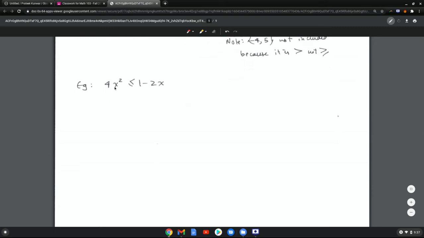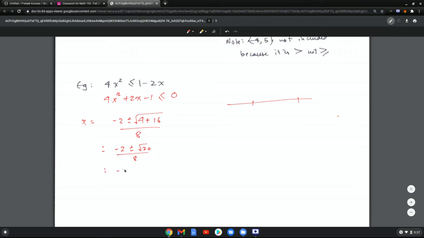Let's look at another example. First of all, I bring all the terms to one side. Now in this case, it's a less than or equal to 0. So first, I need to find my x-intercepts, right? So I use the quadratic formula that gives me negative 2 plus minus root 20 over 8.